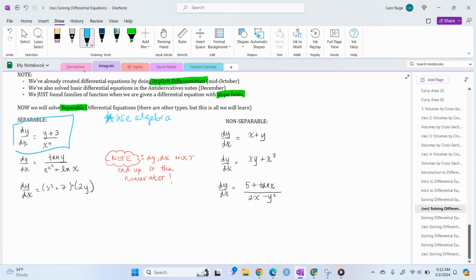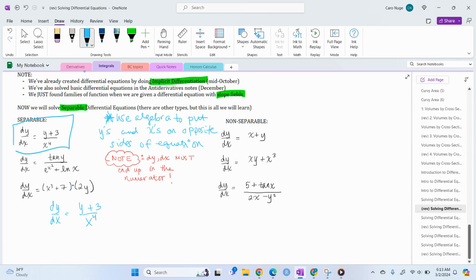So the algebra skills you've known since middle school to put y's and x's on opposite sides of the equation. The x's need to go on one side of the equal sign and the y's go on the other. So your dy needs to be with the y's and your dx needs to be with the x stuff. Generally, people put y on the left side and x on the right side.